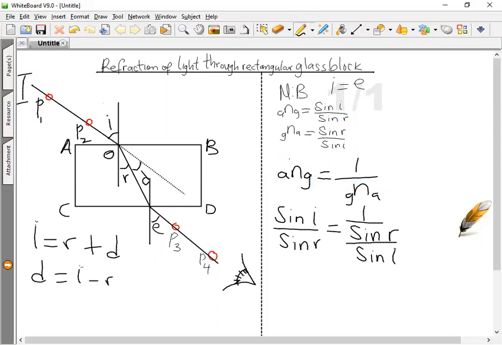sine e. And from our mathematics, we know that this is 1 over, that means 1 over 1 times what? Sine e over sine r. Okay, let me quickly do this again.